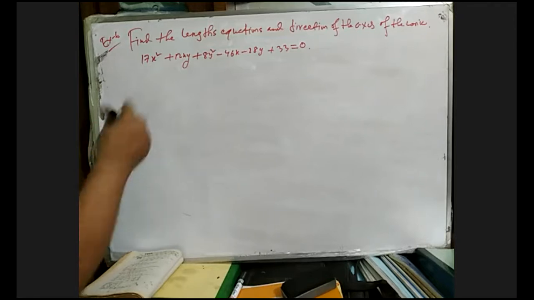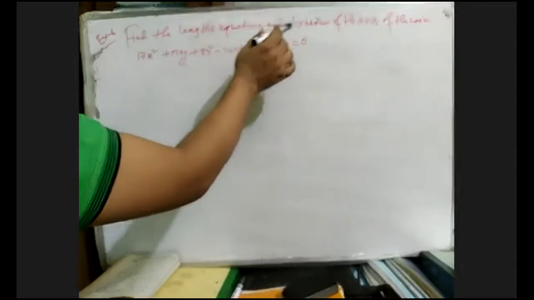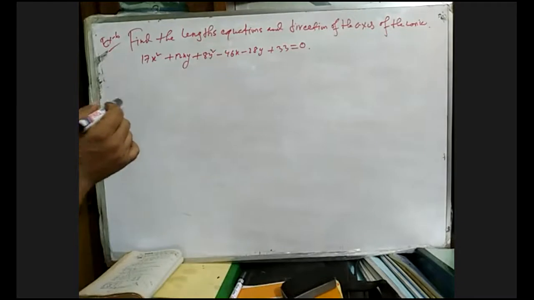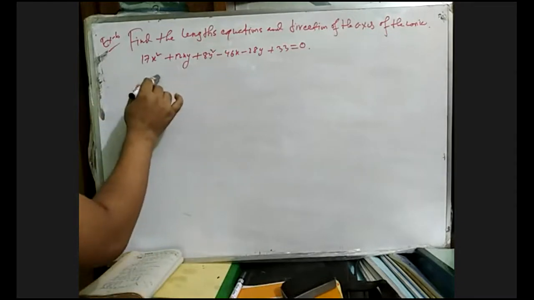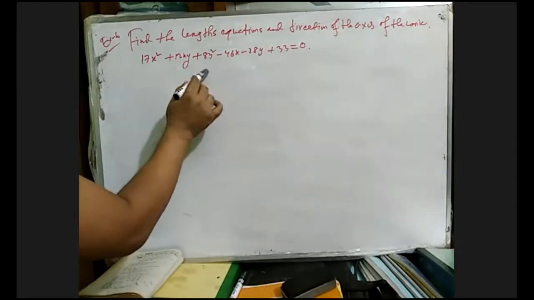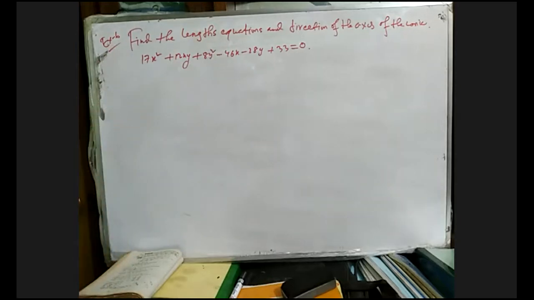Find the lengths, equations and directions of the axes of the conic. First of all, you have to compare this conic to the standard form of the general equation of second degree conic.